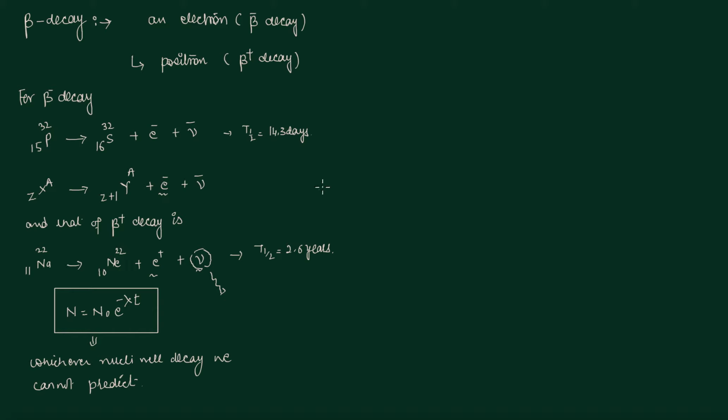So now in both beta minus and beta plus decay, the mass number A will remain the same.